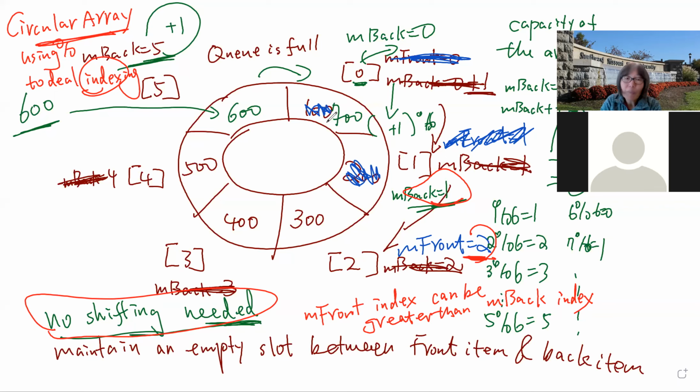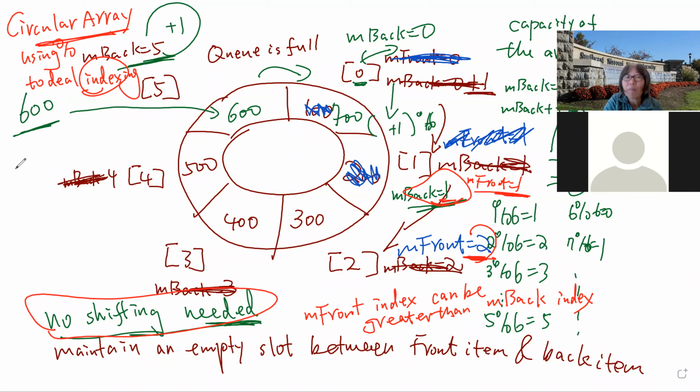And then let's see. It's kind of messy here. So the back index is 1. And if we keep removing 300, 400, 500, 600, 700, after we remove everything, we will see the front index is also brought back to 1.